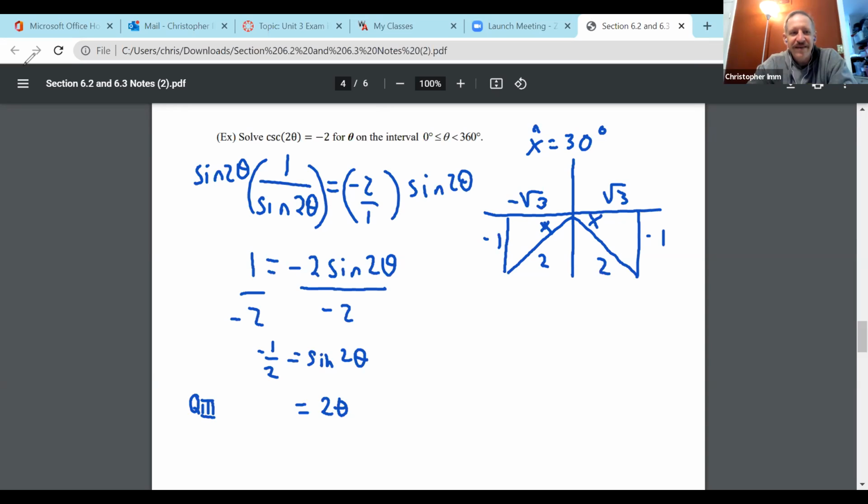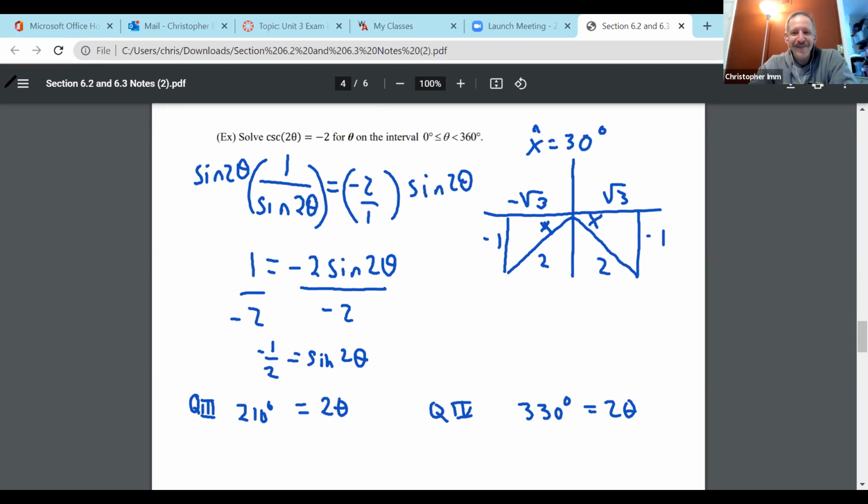Perfect. And Michaela, in quadrant 4, what is the angle going to be? 330. Perfect. I misspoke there. But you know what I was saying. Wow, you can read my mind. It's a little scary. Good job, Michaela.